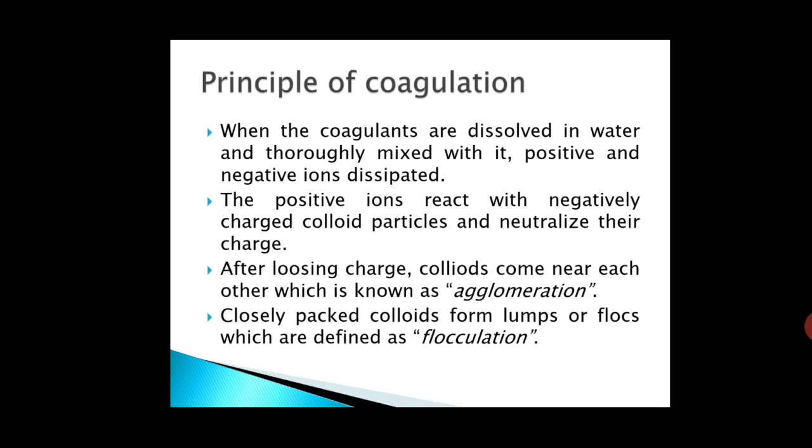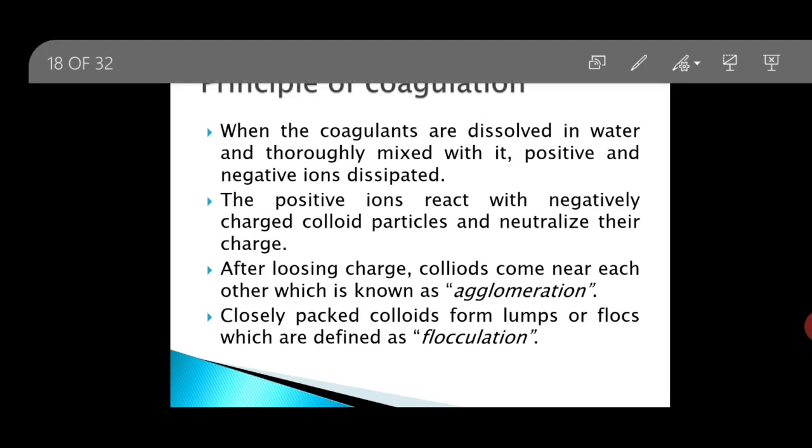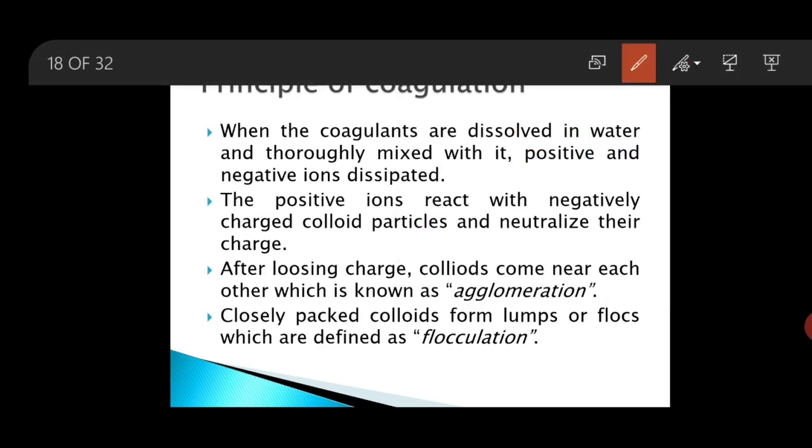So next we will discuss the principle of coagulation. What happens when coagulants are dissolved in water and thoroughly mixed with it? Positive and negative ions are dissipated. The positive ions react with negatively charged colloid particles and neutralize their charge.